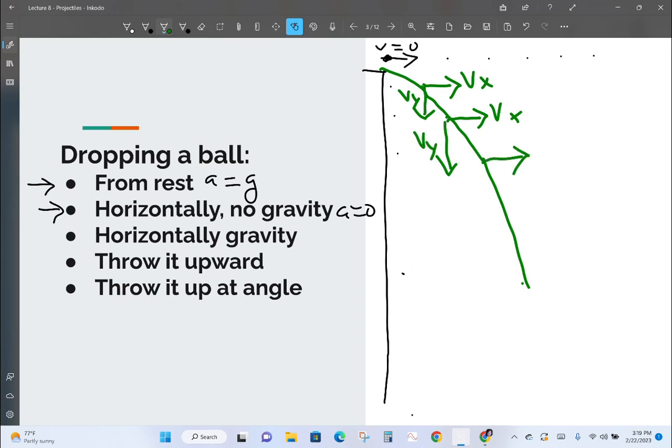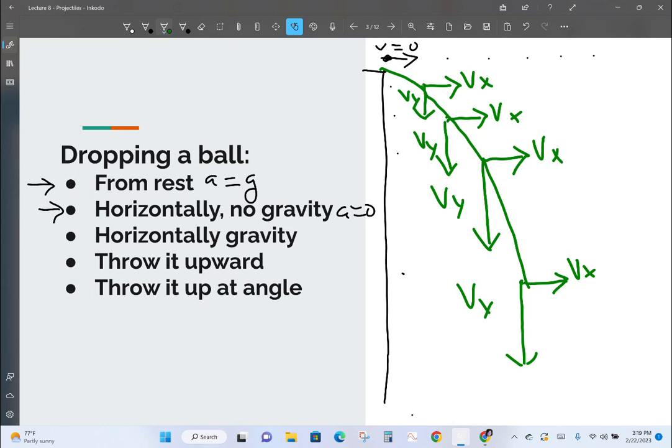Vx is always pushing forward at a constant speed, but the Vy is getting bigger every second by almost 10 meters per second in the down direction. And then, of course, we could keep going until it hits the ground. Remember, we're only thinking about what it's doing once it leaves our hands. Our hands aren't touching it, so the only thing acting on it is gravity.